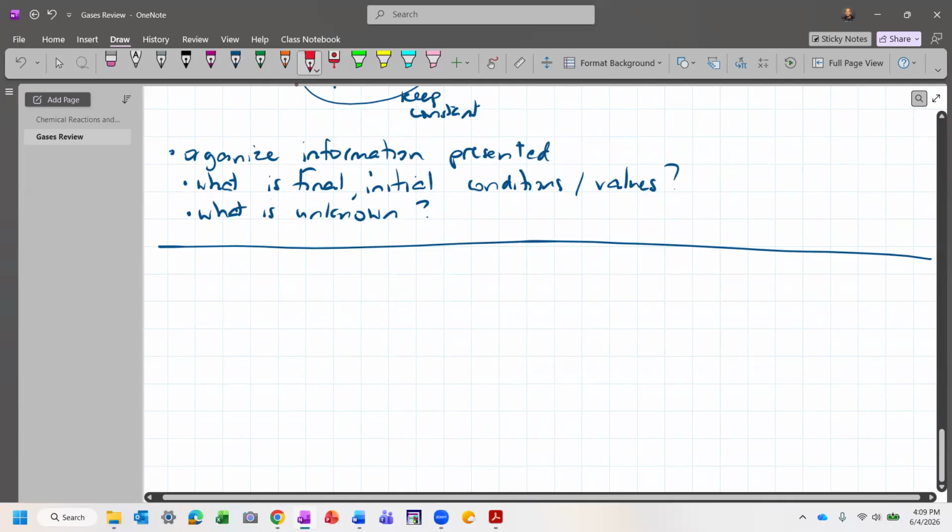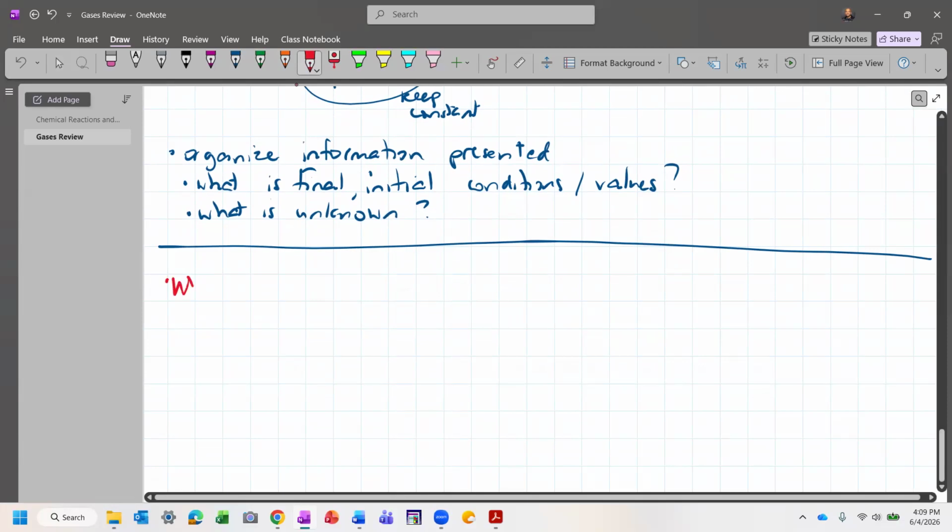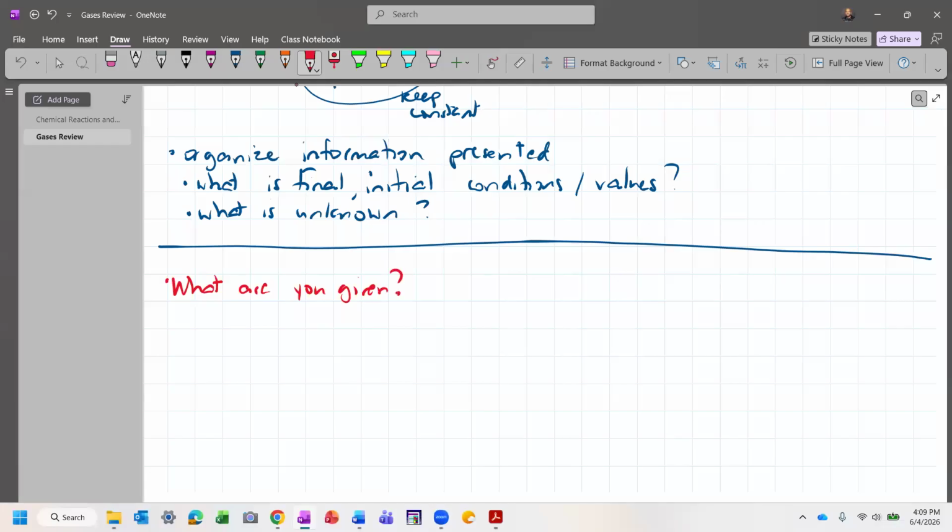There are three questions that you want to ask yourself when you have to solve a problem, whether it's math, chemistry, biology, or anything else. First question is, what are you given? That means you need to read the question and extract the relevant information. Second question is, what do you need to calculate? What do you need to solve for?